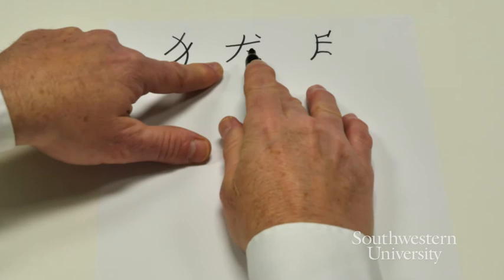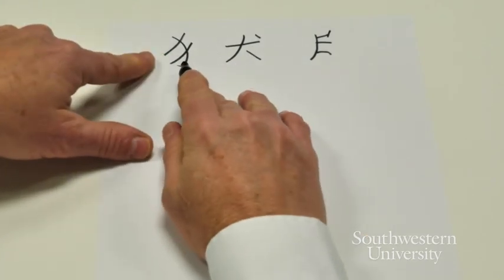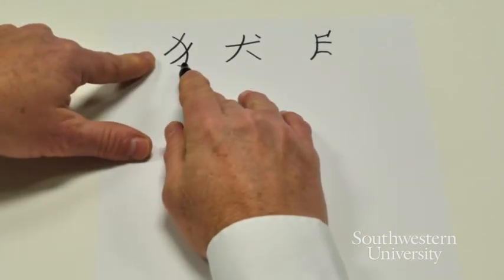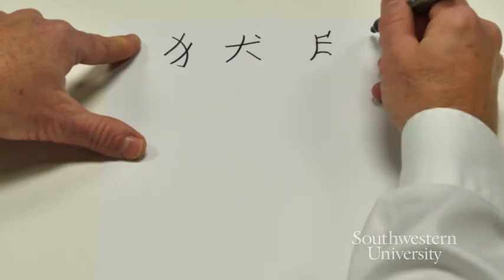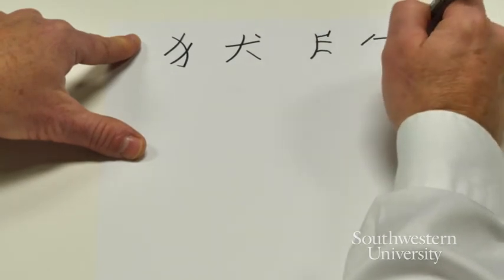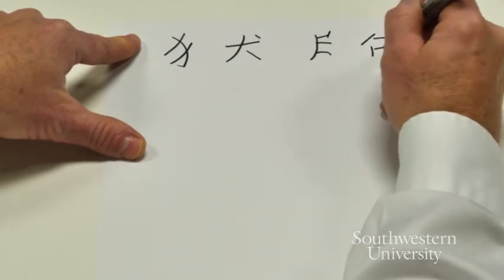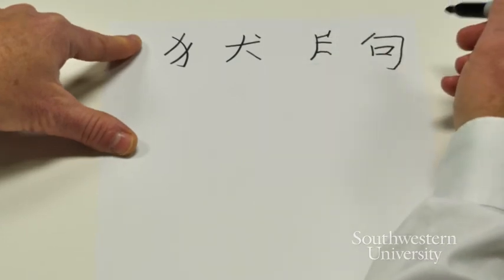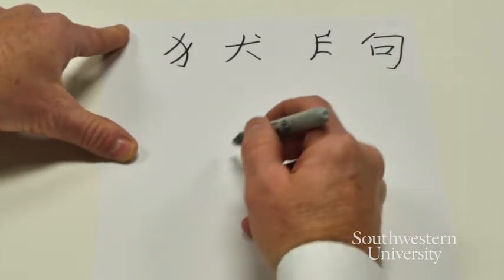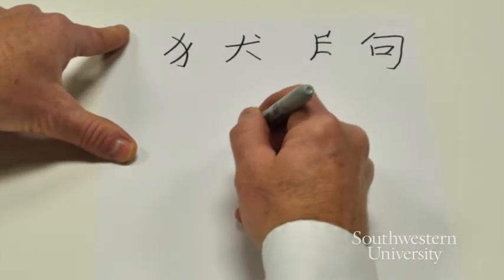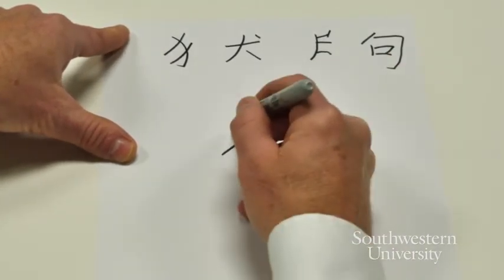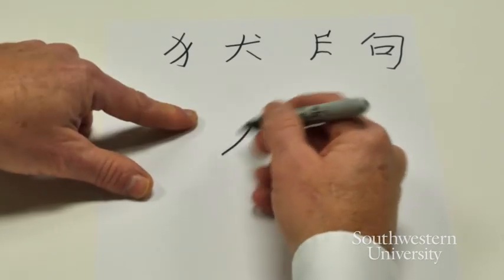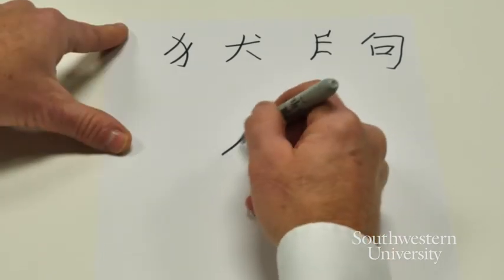Quan. And this is a very common radical for animals. The right-hand side is pronounced ju, in this case it means sentence or a phrase, but here it's just phonetic.